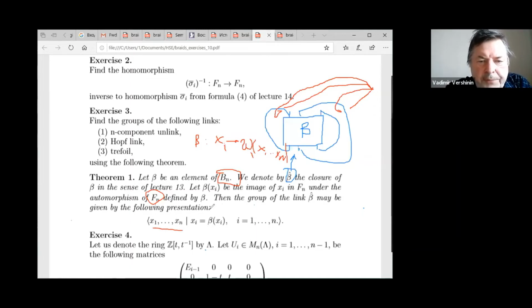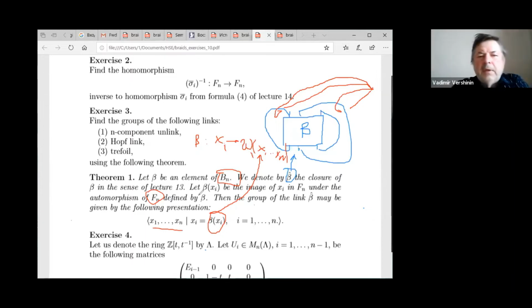So this is a word. And here you have a presentation of a group. It gives you a finitely presented group with n generators and n relations.